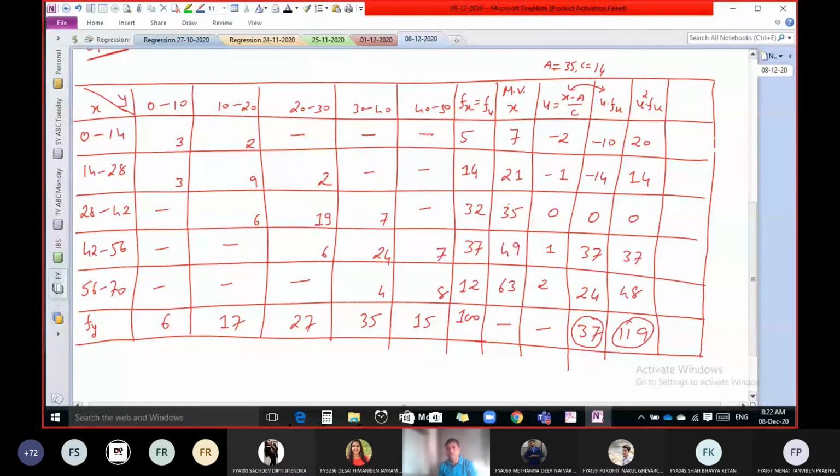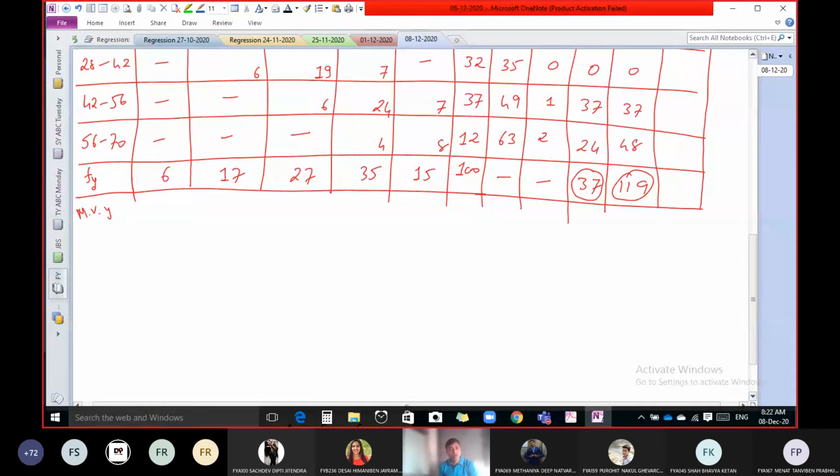So now whatever we calculate on this side, the same thing you have to calculate here. Now see, these are the values of y. First step, find out the mid value. Here also we require to prepare a few rows. First step, y.